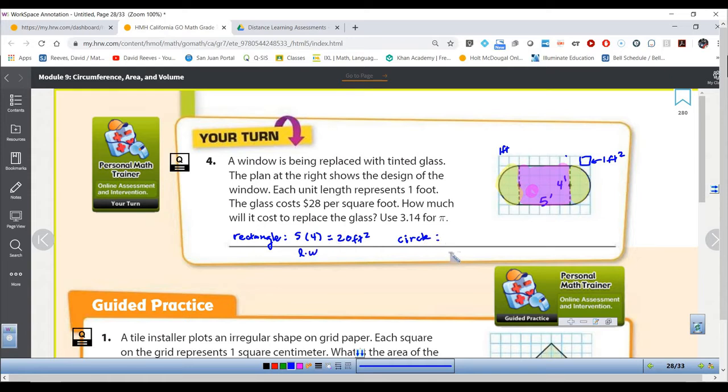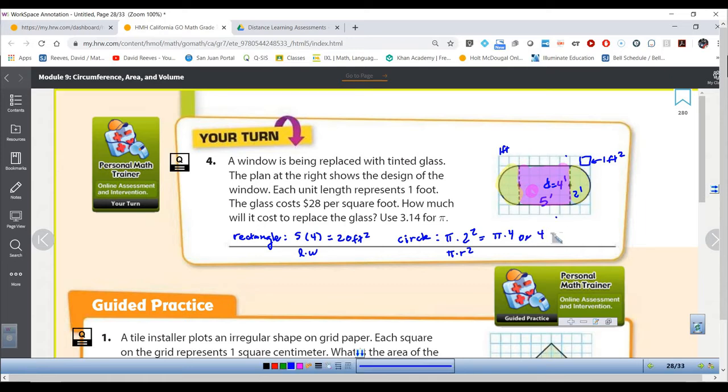The area of a circle is pi times the radius squared. 4 was all the way across, so 4 was the diameter, right? And the radius is half the diameter, so the radius is 2 feet.